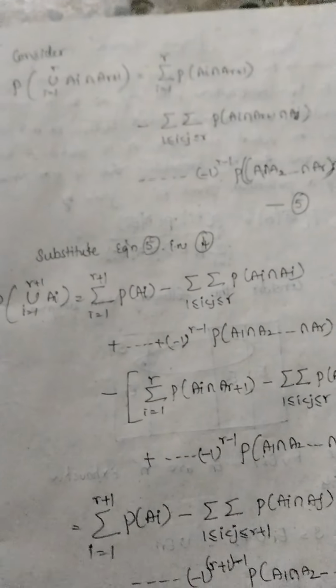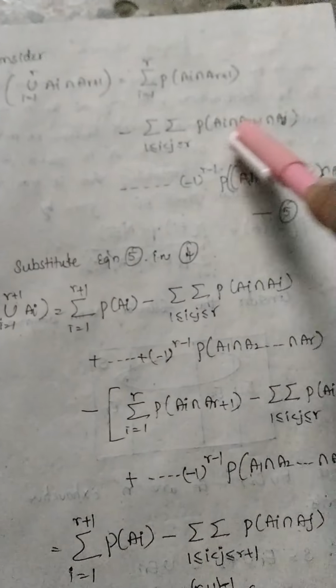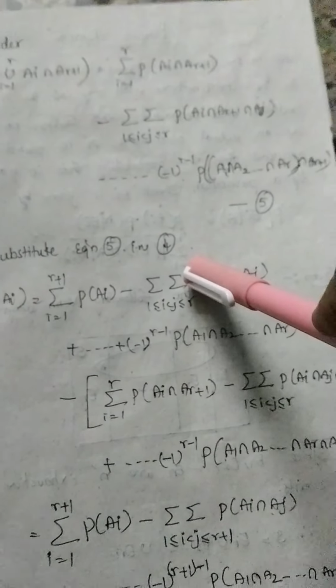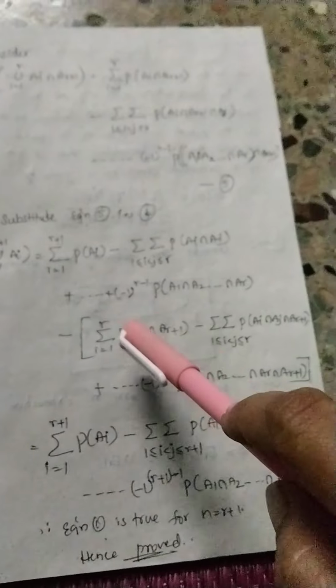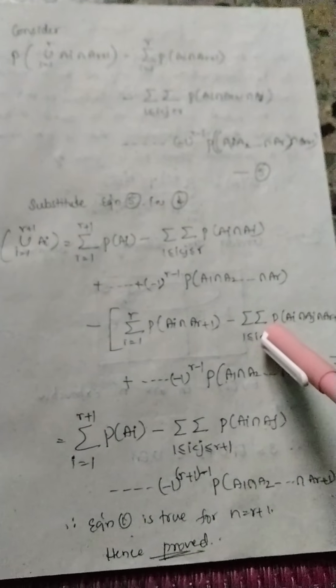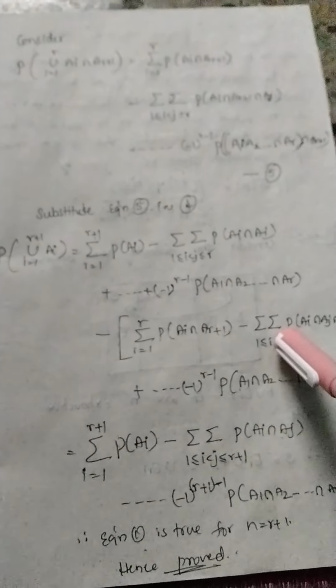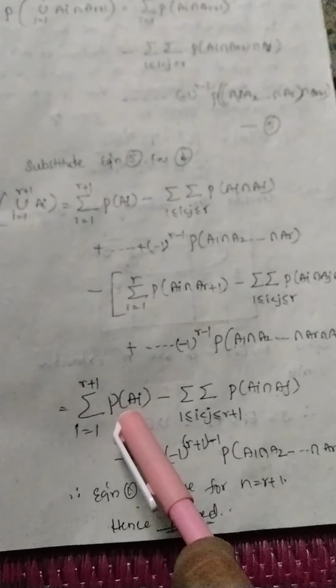Now substitute whatever you are getting in your equation 5 into equation 4. So the last term is your equation 5 value. We are going to write it in your equation 4. Then what are you going to get?